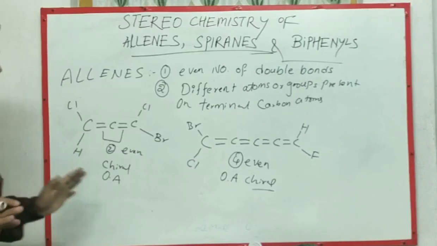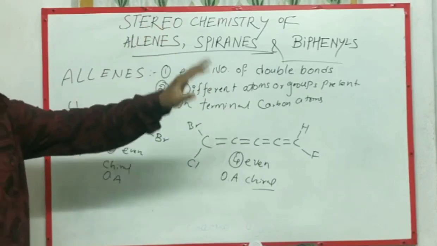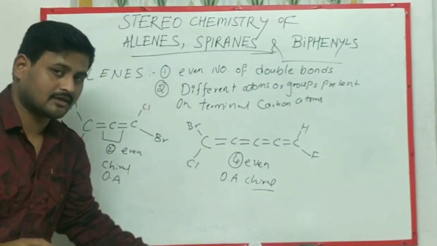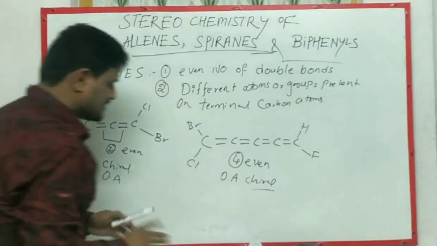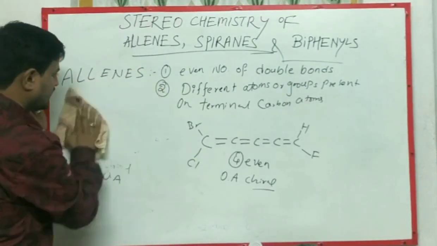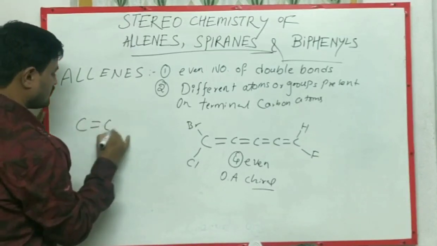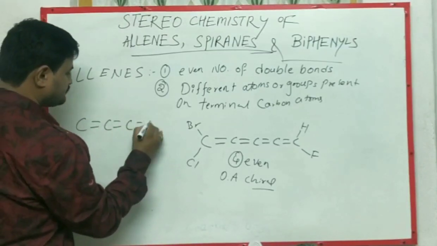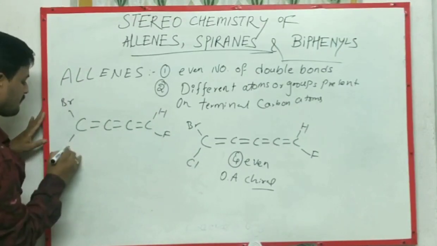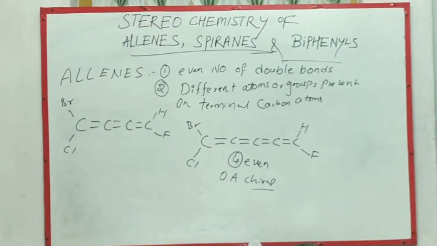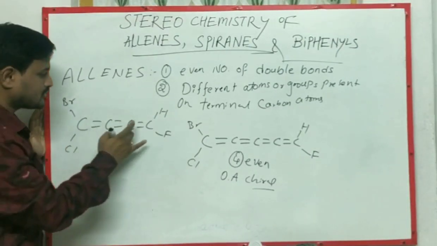No need for confusion. If the allene has an even number of double bonds and different atoms are present on the terminal carbon atoms, it is an optically active molecule. For example, in this example, count the double bonds here: 1, 2, 3.